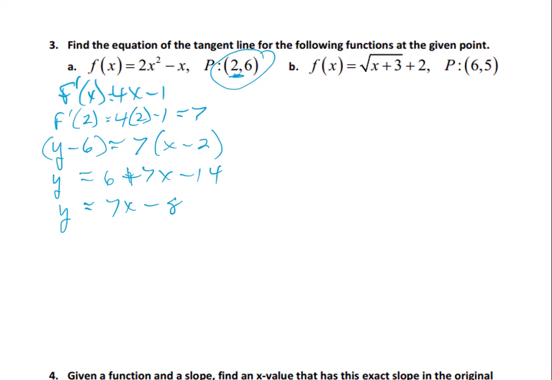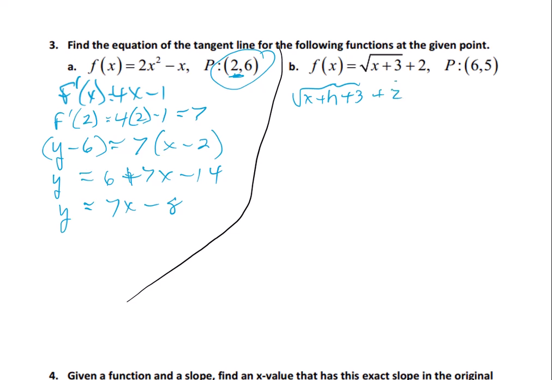Let's try B here. Okay, so my function is the square root of x plus 3, plus 2. So every place I see an x, I'm going to put an x plus h. So I've got the square root of x plus h plus 3 plus 2.